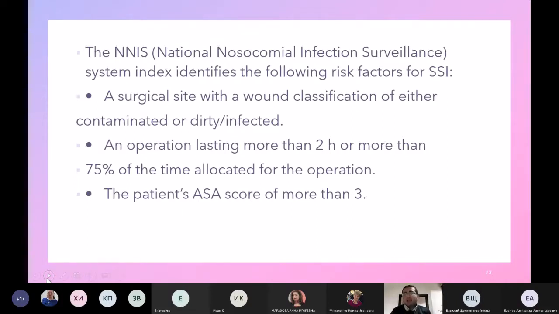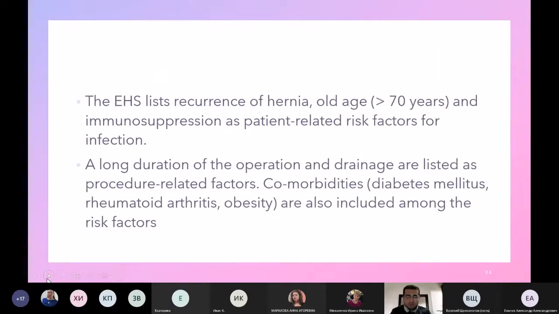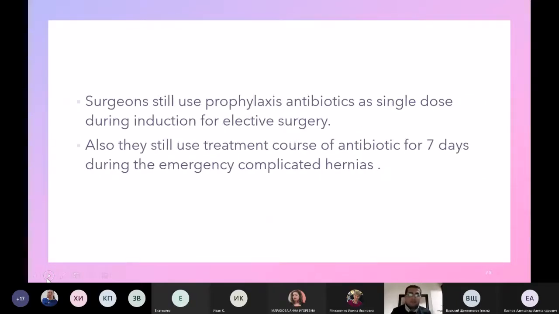Also, an operation lasting more than 2 hours, or more than 75% of the time allocated for the operation, must go for antibiotics. A patient's American Society of Anesthesiologists score of more than 3 must also go for antibiotics. A long duration of the operation and drainage are listed as procedure-related factors, and comorbidities such as diabetes mellitus, rheumatoid arthritis and obesity are also included among the risk factors.